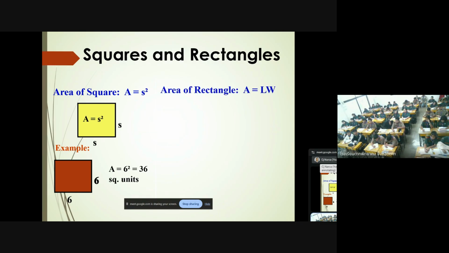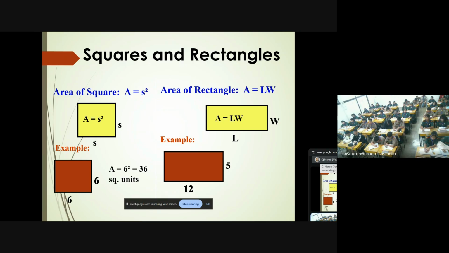That is the area of rectangle. For example, length 12 times width 5, so the answer is 60 square units. So this is how we get the area of 2D flat surfaces, the square and the rectangle.